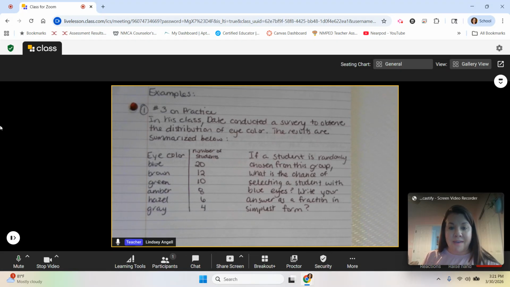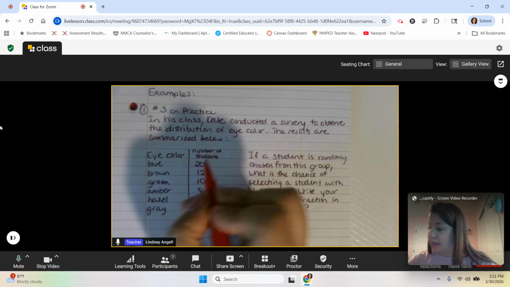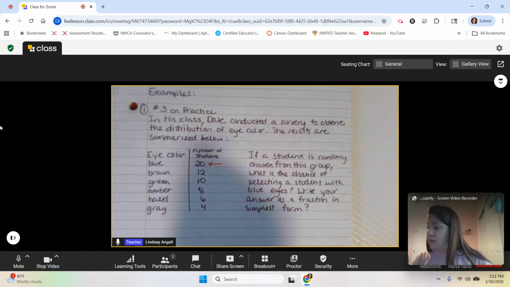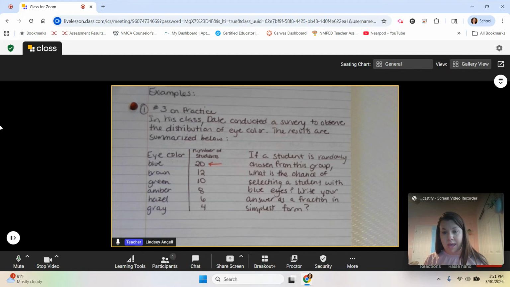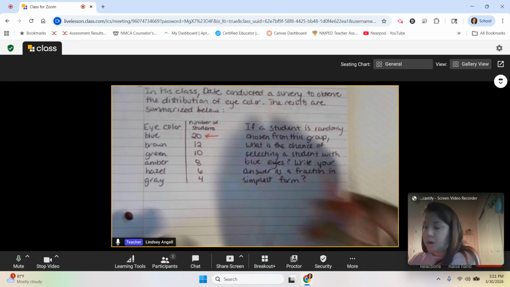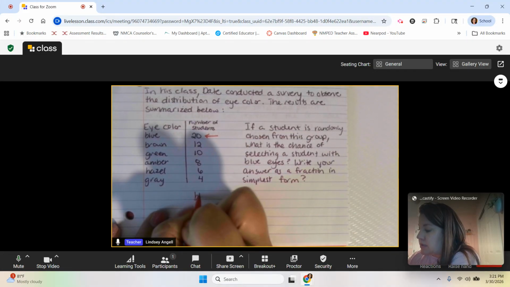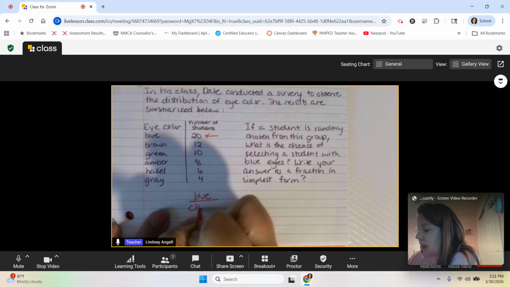So our favorable outcome, or what we're looking for, is blue eyes, which in that case is right here. There were 20 people who had the color blue, and that was out of the whole class, okay? So what we're looking for is blue out of the whole class.